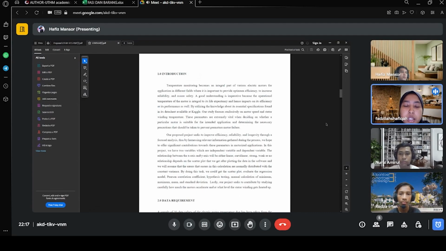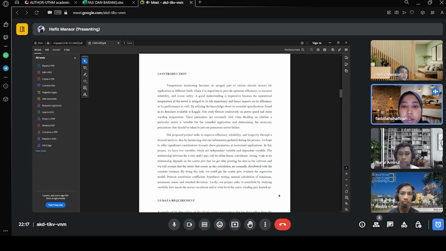For the data requirement, a sample of 30 data values for the electric motor temperature has been taken from the Kaggle website, created by Professor Dr. Ingo Joachim Böker of Paderborn University.